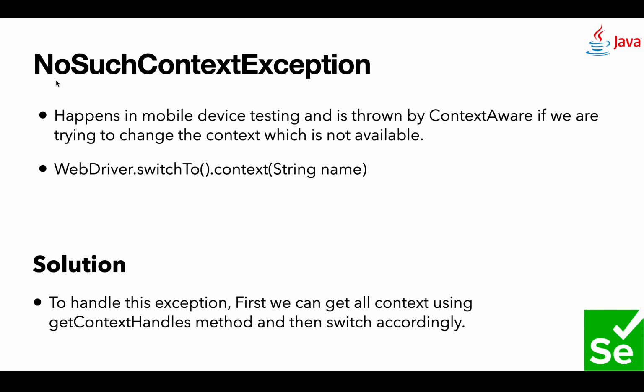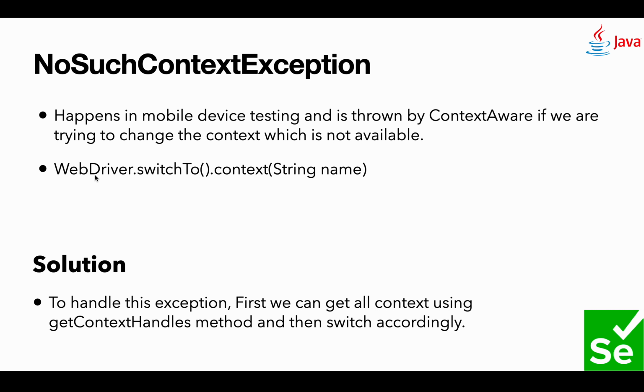So now let's see the next one, that is no such context exception. This happens in mobile device testing, and it's thrown by ContextAware if we are trying to switch to a context which is not available. This is the method with the help of which we can switch the context. Let's suppose in a mobile application we are right now on the native view, meaning native context, and at that time we try to switch to a web context that is currently not available.